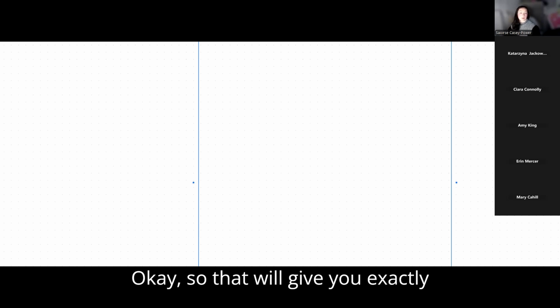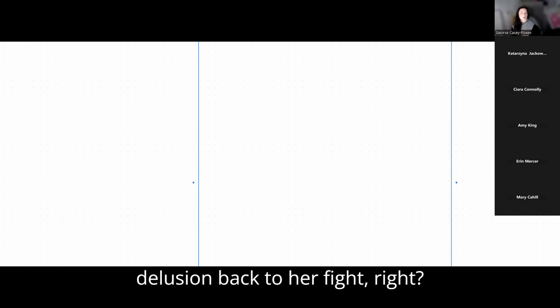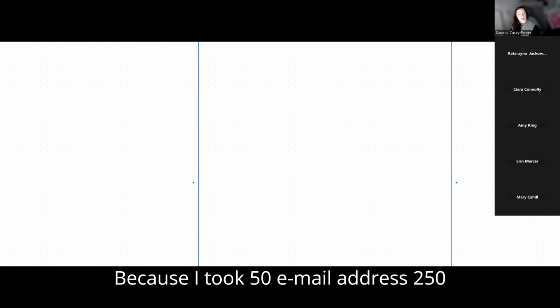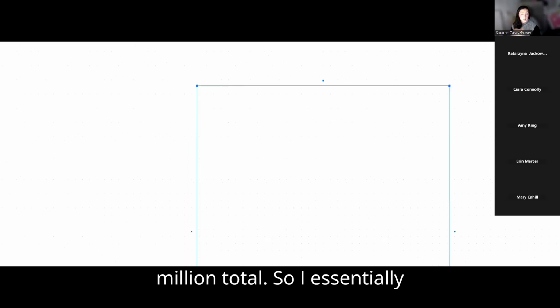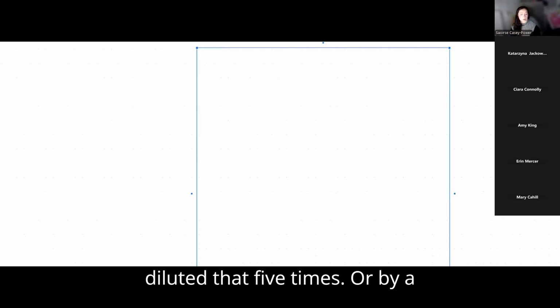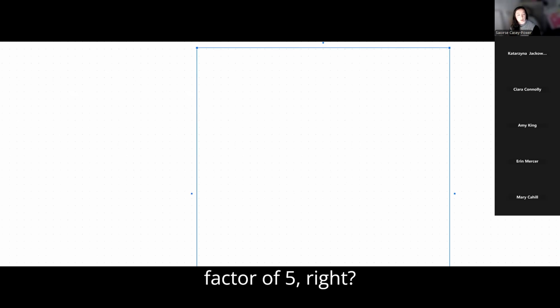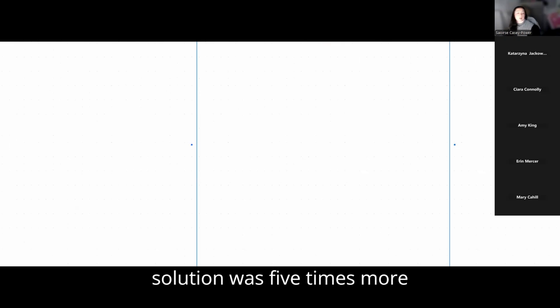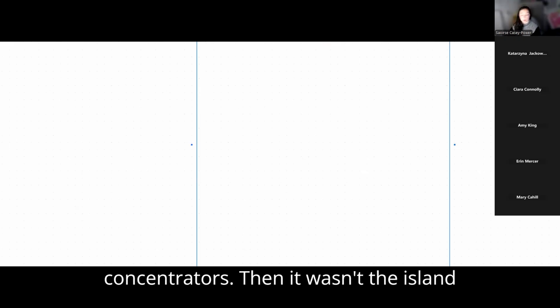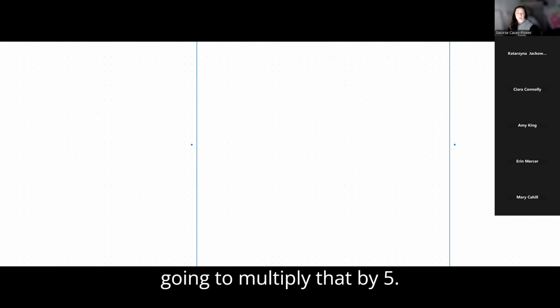That will give you exactly a dilution factor of 5, because I took 50 mil and added it to 250 mil in total. So I essentially diluted that 5 times, or by a factor of 5. Which means my original solution was 5 times more concentrated than the dilute solution. So I'm going to multiply that by 5.